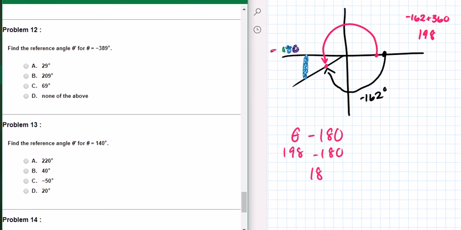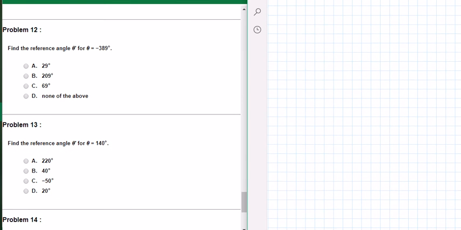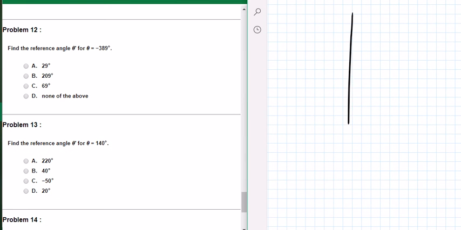Alright, negative 389. This sounds like more of a challenge. So negative 389 degrees. Here is my starting point, and I just went negative 360. Congratulations. Alright, and then I need to go past 360 by 29 degrees.